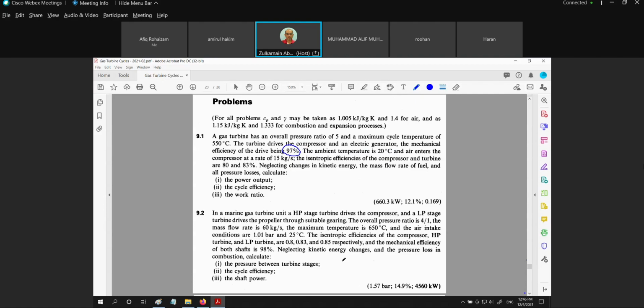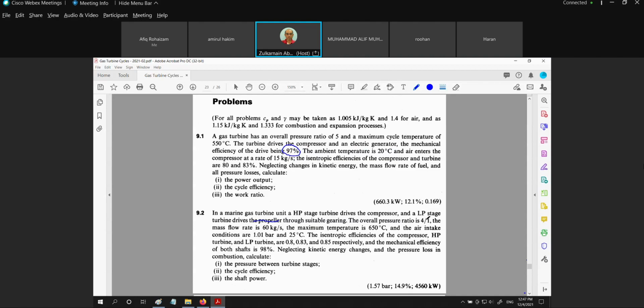In our case, maybe we can change the propeller to an electrical generator, because our interest in thermodynamics is always the power output from the plant, which we use to run a generator. The thermal power plant, one of which is the gas turbine plant, is used to run the electrical generator.